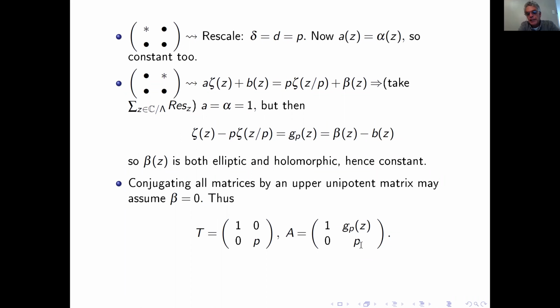So you can imagine that in higher rank, things get more complicated because you get powers of zeta. You know, you get zeta to the R over R factorial, and you get this.